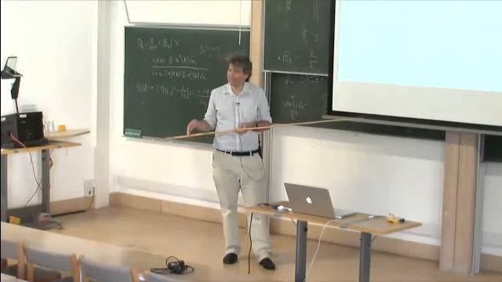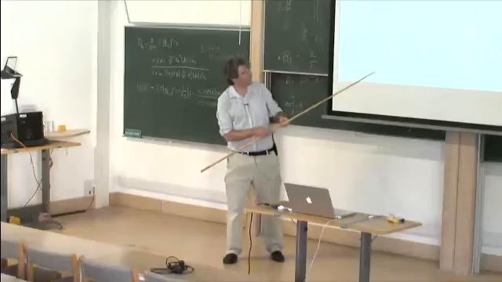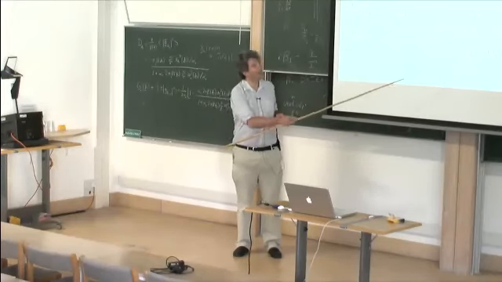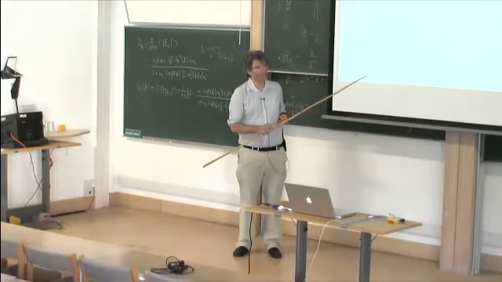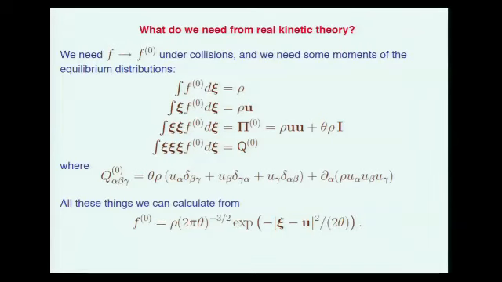When I'm deriving Navier-Stokes, all I need is the moments. And the nice thing is you multiply it by any power of xi, and you integrate and get some polynomial in U. But this collision operator also has important properties: it relaxes to a state of maximum entropy. That's how it generates heating.